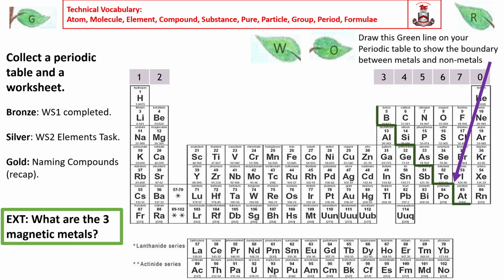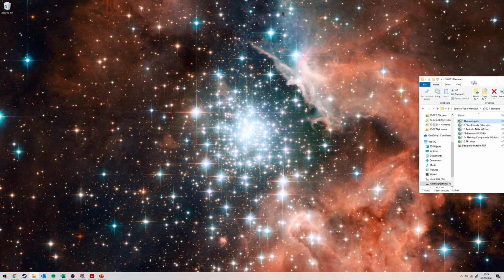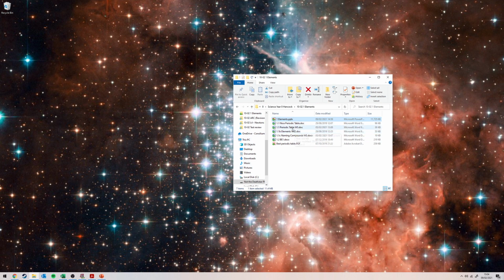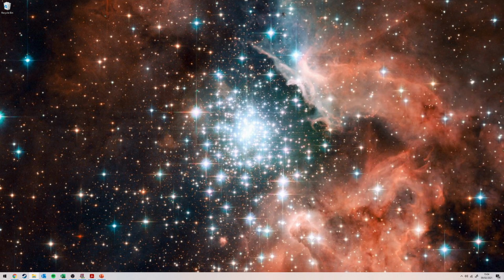Now, this is the periodic table, which you've seen before. Hopefully you know your way around it, but we are going to do a quick task based on this. So let's minimize that for now. Minimize this. Now, if you want to actually work through the task, periodic table worksheet is the task we're doing, but I am going to talk you through it now without the worksheet.